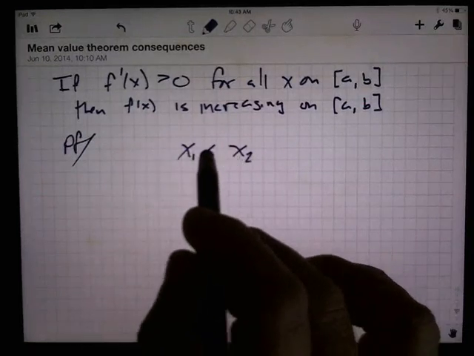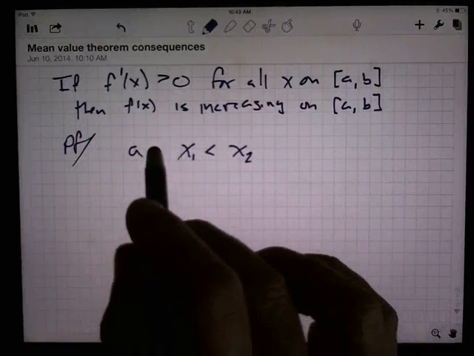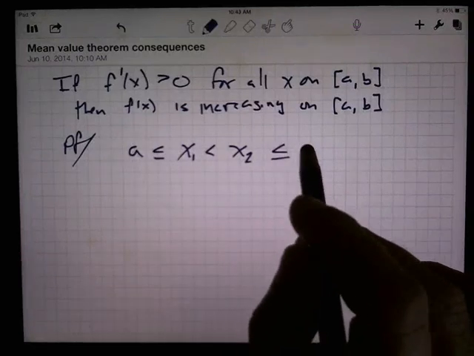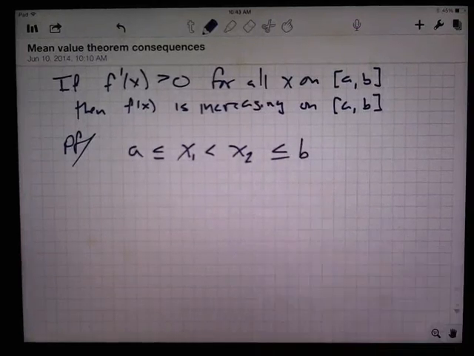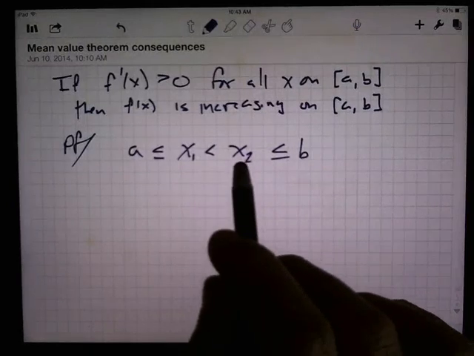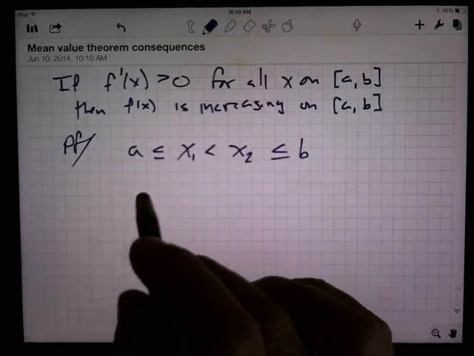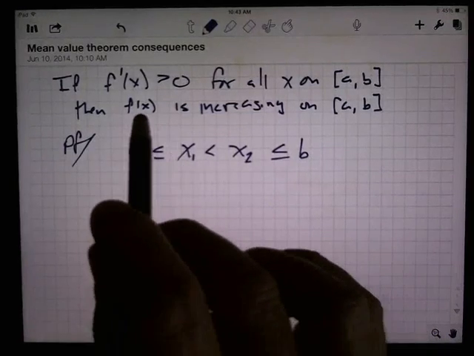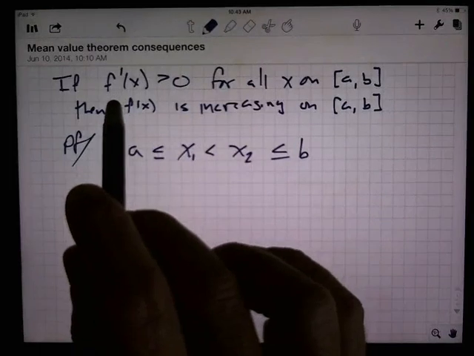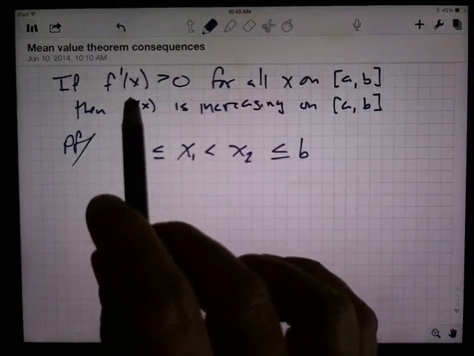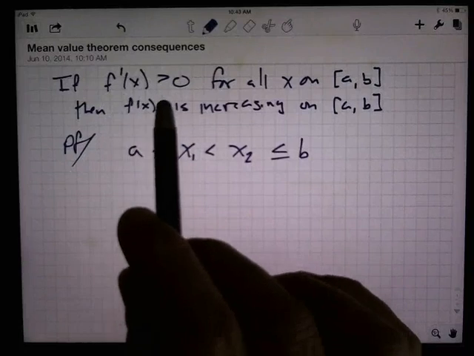So take two values of x somewhere between a and b, where x1 is less than x2. And we're going to see if we can show that f of x2 has to be bigger than f of x1. So notice that to say that the derivative is positive everywhere, you're saying the derivative exists, so it's a differentiable function. If it's differentiable, it's got to be continuous.